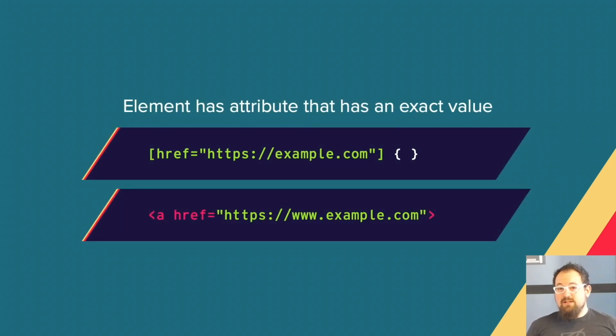However, maybe we want to style specific to a value. So we only want to get a tags that have an href value of example.com. So we're able to specify that specifically. Maybe we have just a pound sign in there for the href. Fairly common when somebody's just developing something, just to put in a link to have in there.